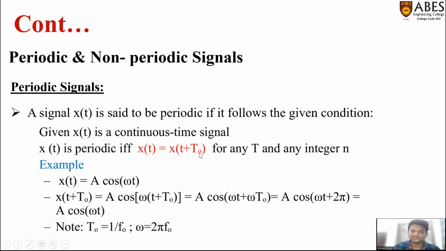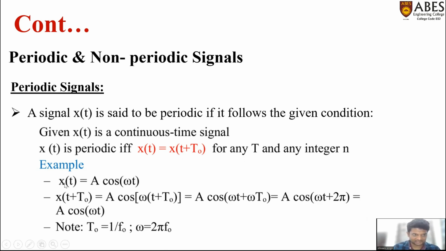What does it mean? Means this capital T naught is the period of the signal. Means if you add the period of the signal T naught to t in the original signal, and if you still get x of t, then we can say that the signal is periodic with the time period of T naught.